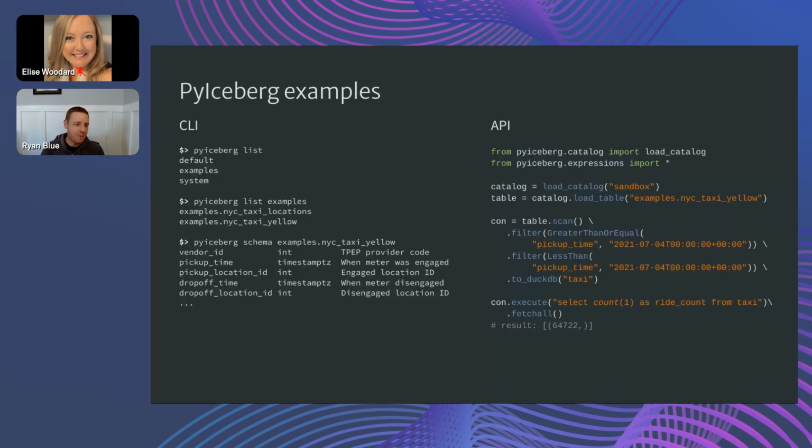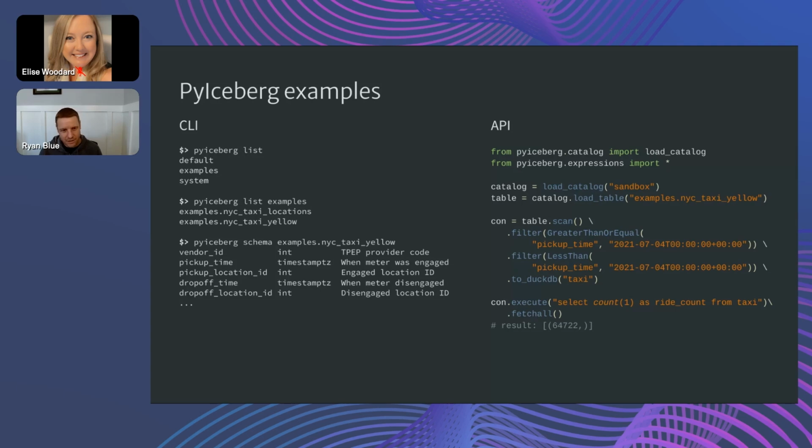So I just want to make this a little more concrete and show a couple examples of what you can do in PyIceberg, both the CLI and the API. On the CLI side, we're basically exploring the catalog that we've configured.